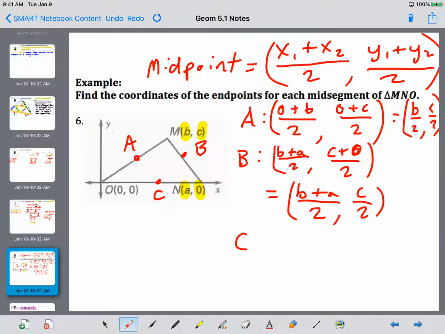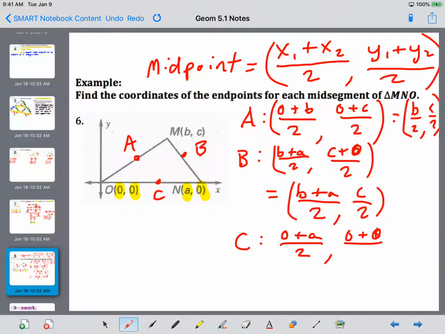And then lastly, we have point C. Okay, so let's look at point C. The x-coordinates of the ends of C are 0 and A. So we have 0 plus A divided by 2. And then we do the same thing with our y's, 0 plus 0.